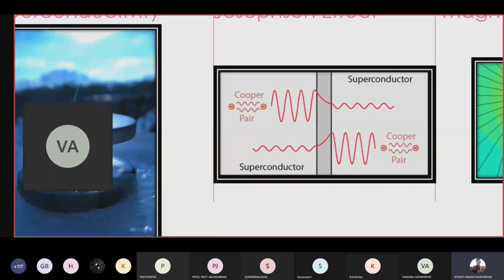So these Cooper pairs are in one superconductor and travel to the other superconductor, and these Cooper pair electrons attract the positive charges which are near each other. Okay, fine.